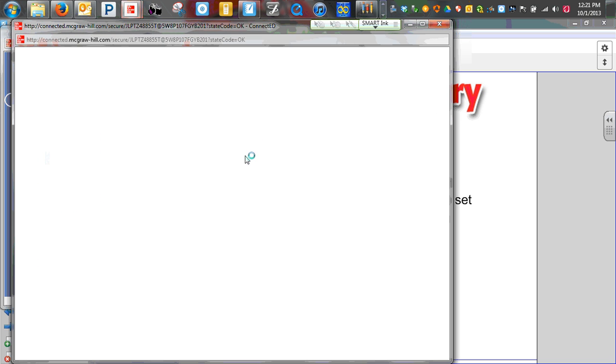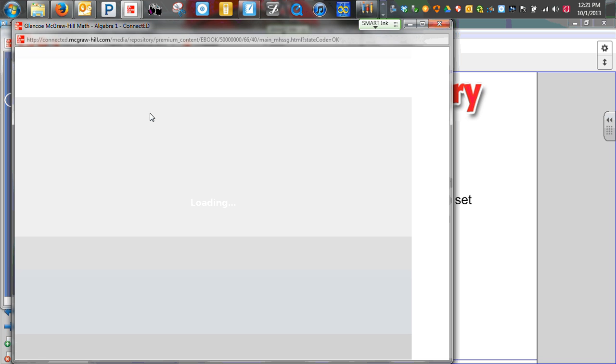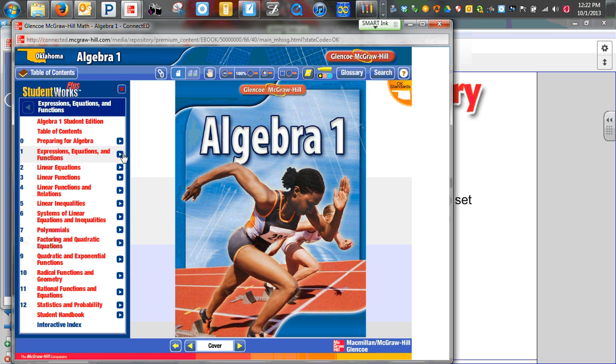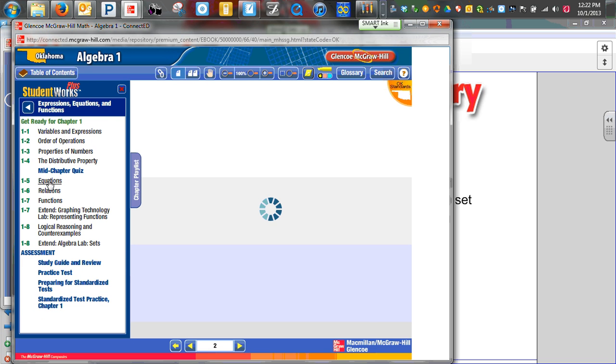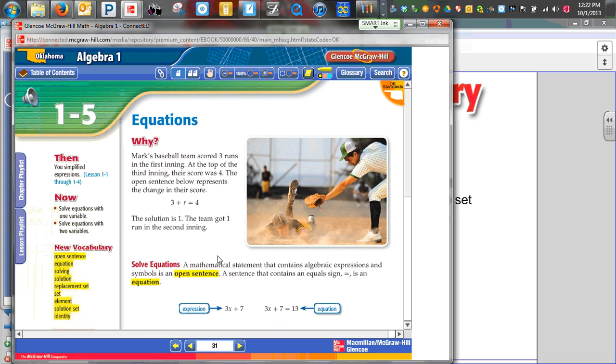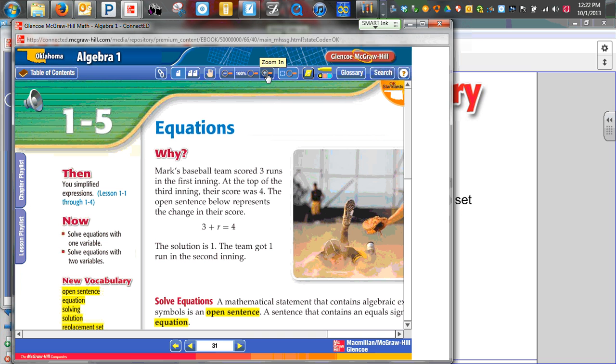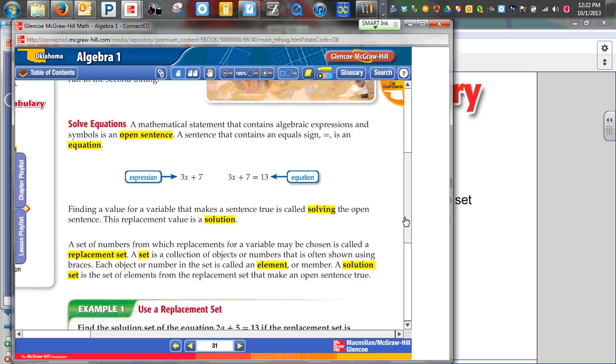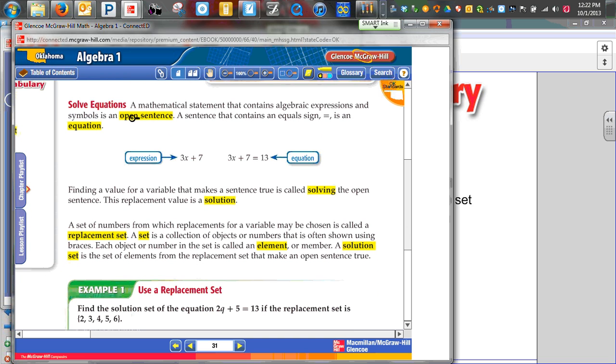Okay, here's your textbook. Maybe, hopefully. Okay, turn to the section. What are we doing today? 1.5? Okay, go to 1.5. Now, what do you notice about that? Are some of these highlighted?